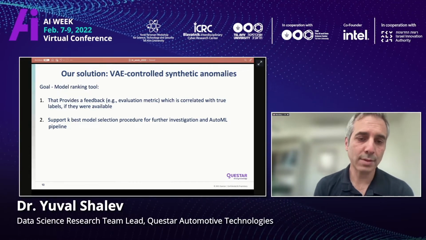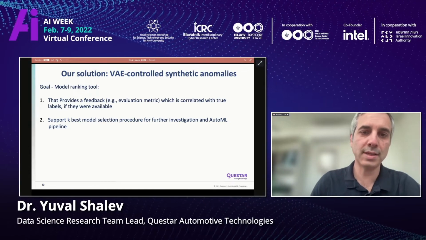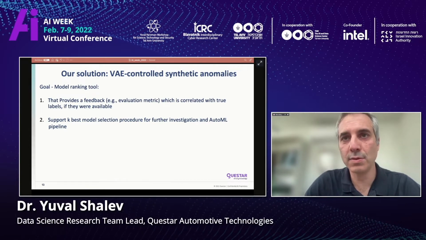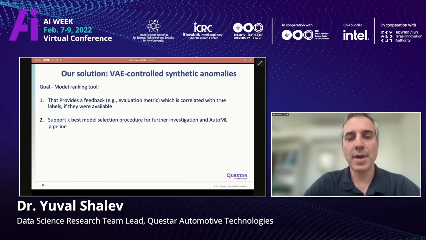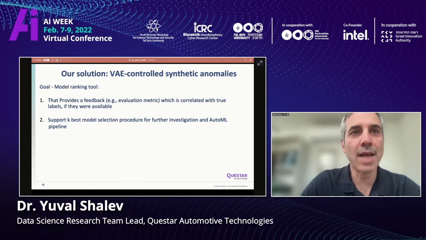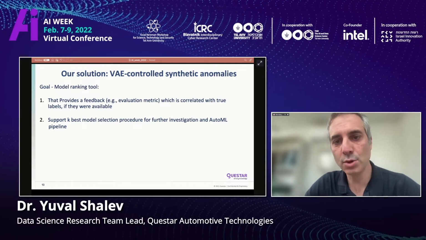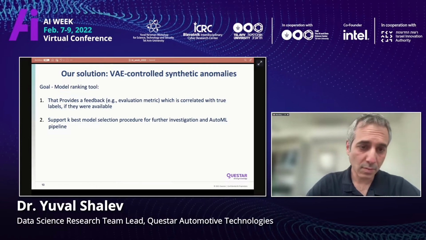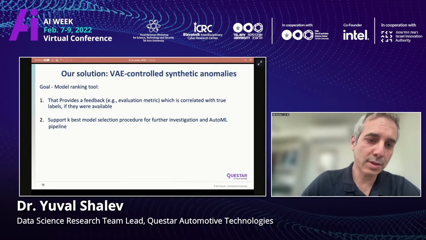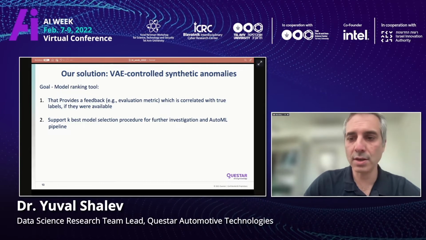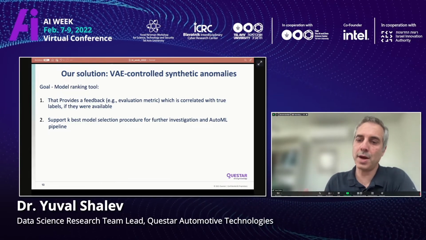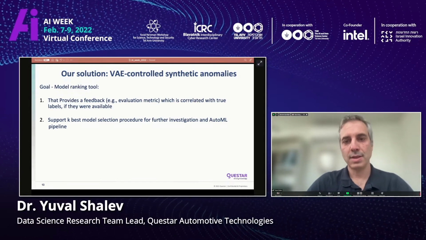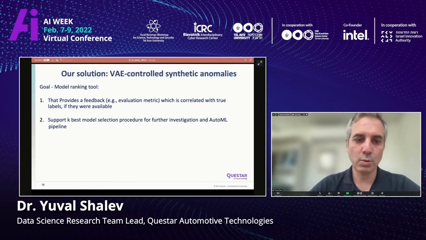It relates to the first one, but eventually we want to say that from these K models that we found perform the best on synthetic anomalies, some of them, or at least one of them, is good enough to be an anomaly detector. And this can be utilized again for model selection and also as part of an AutoML pipeline for anomaly detection, which is something that we want to explore further.